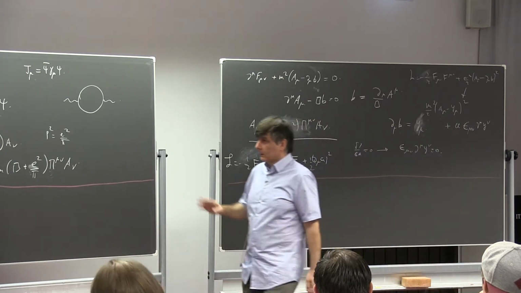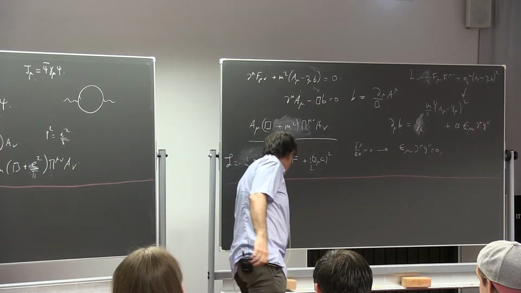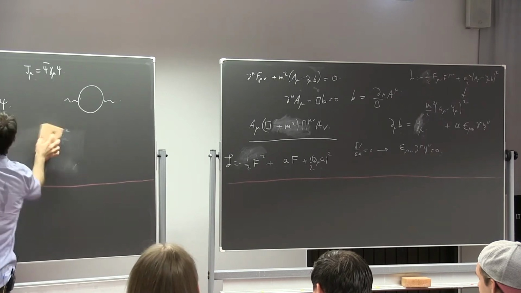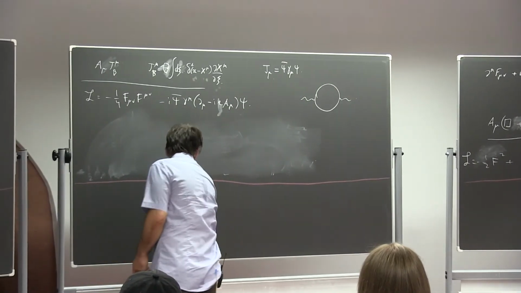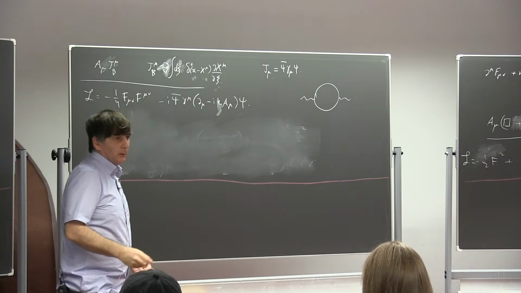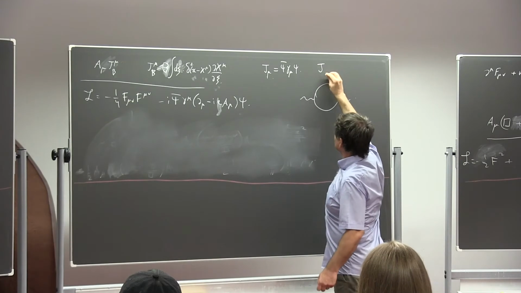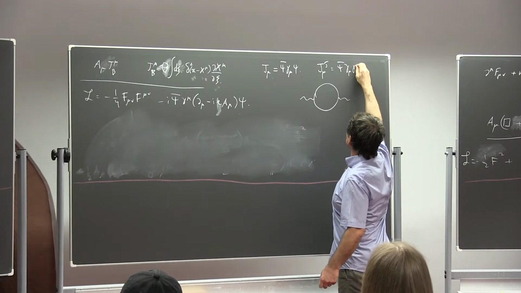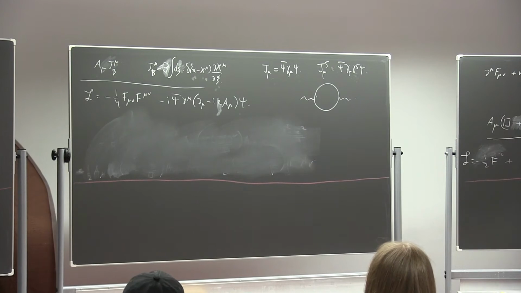Now, yet another way to understand this effect is through the anomaly. So there is an axial current. There are two currents, axial and vector.